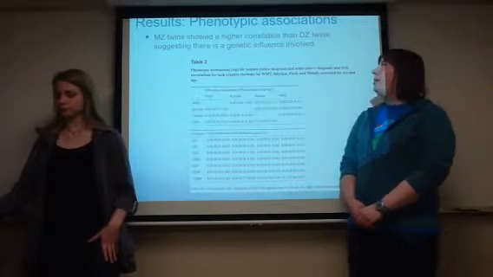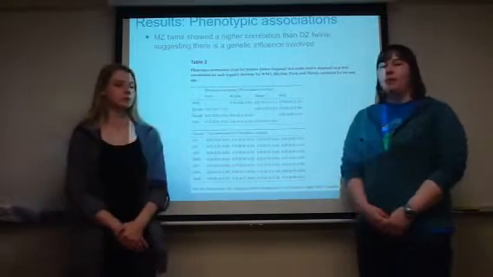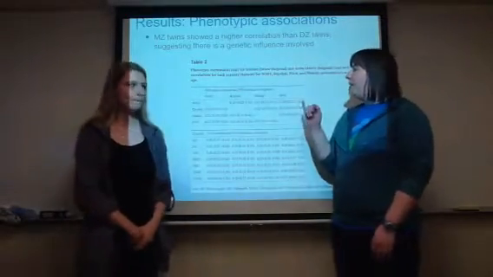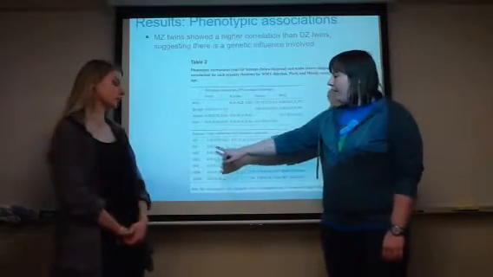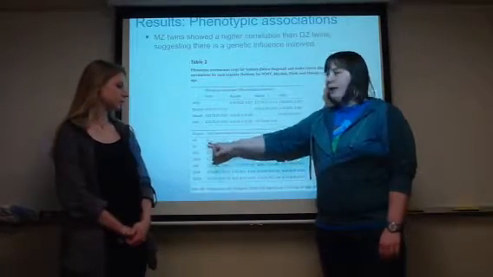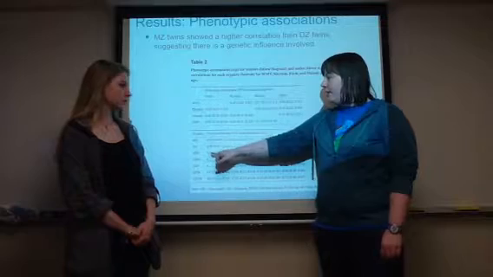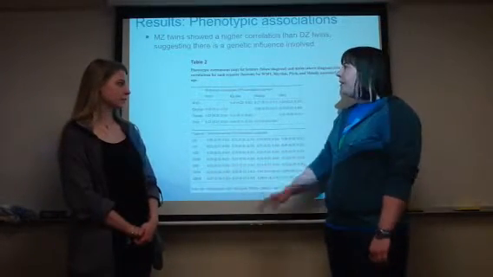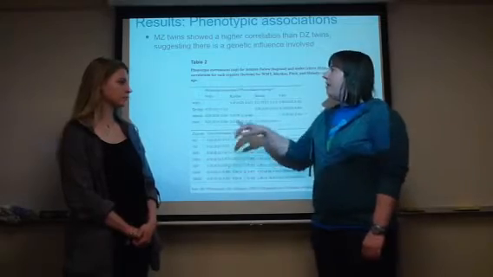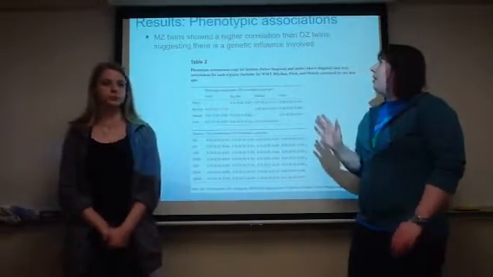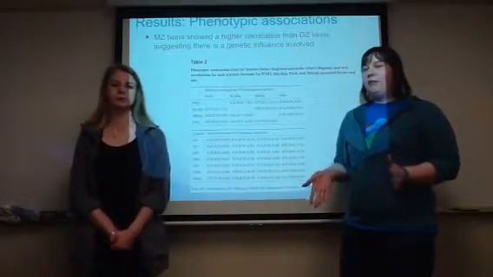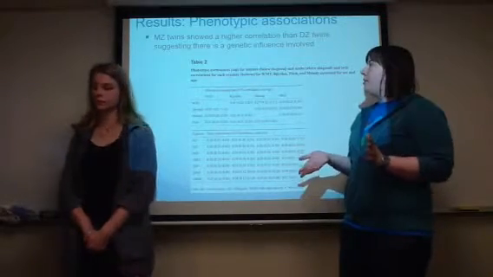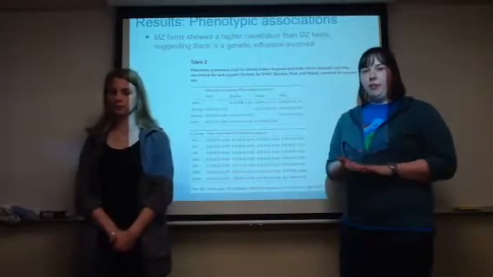And moving on to the phenotypic association results. As you can see in this table, we have the data they collected on the monozygotic and dizygotic twins, categorized the way they explained before. And it shows that monozygotic twins showed a higher correlation than dizygotic twins amongst each other, which suggests that there is a genetic influence involved.